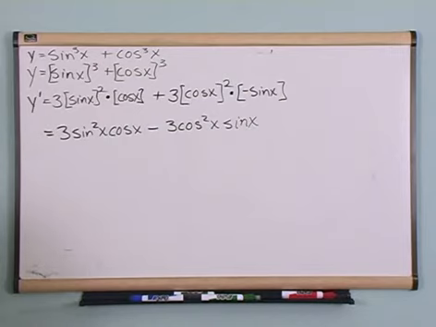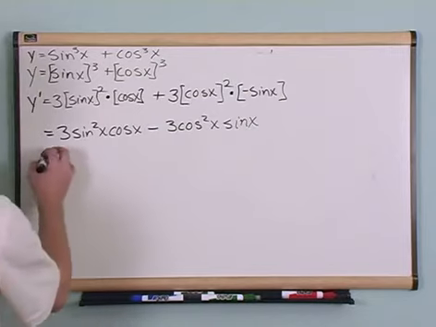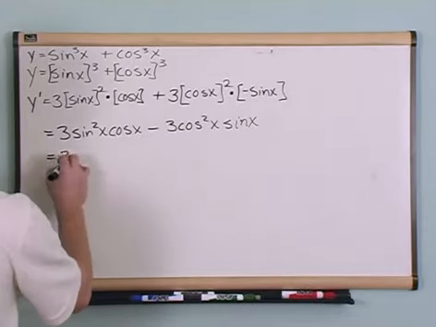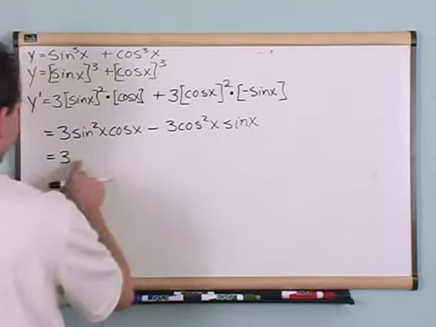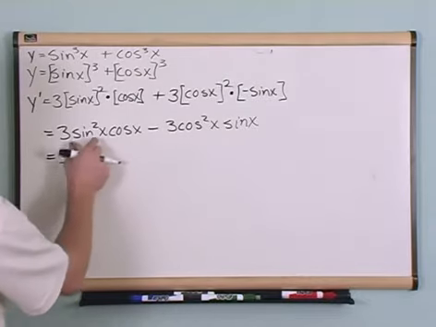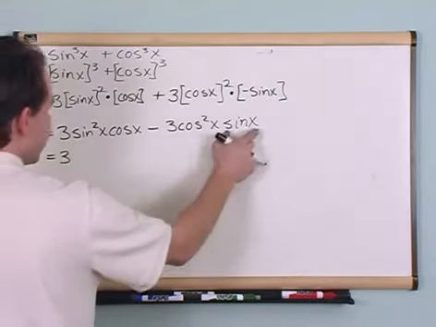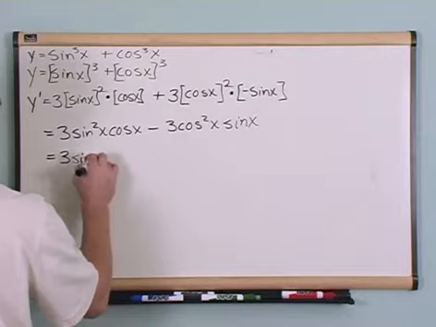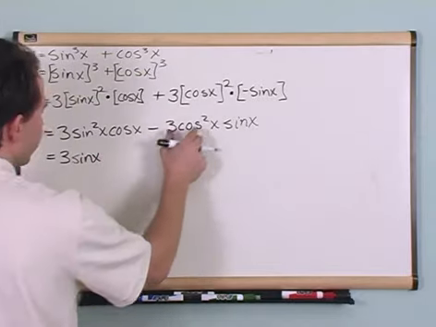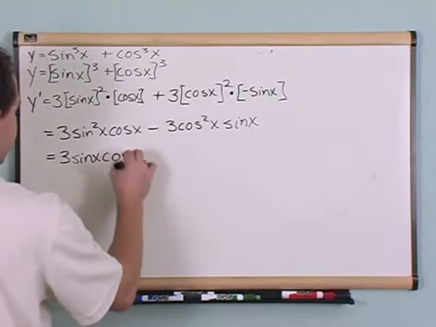Now, this isn't too much of a simplification, but you can factor it a little bit further, and you can pull out of this what's common to both terms. Well, 3 is common, okay, I've got sine squared here, and I've got sine, so I can pull out 1 sine of x here, and I've got a cosine here and a cosine squared, so I can pull out another cosine of x here.